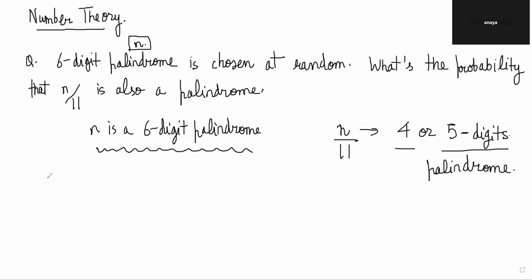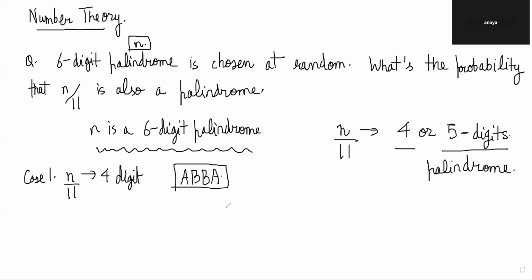So you can work in case one where n by 11 is 4 digit. In that case, it will look like A, B, B, A. This is a 4 digit palindrome, and you need to multiply by 11 and get a 6 digit palindrome.